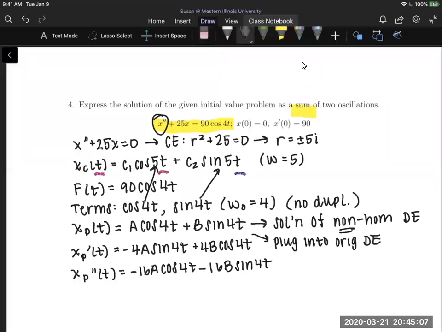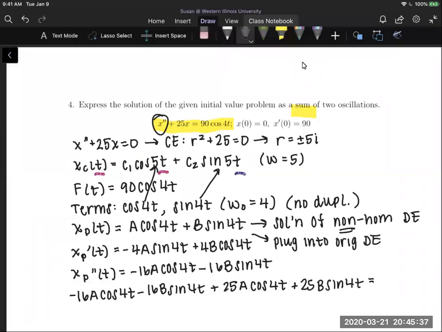There we go. Plugging it back into the original DE, we have the second derivative, which I'll recopy here, plus 25 times the original particular function, and all of that needs to equal 90 cosine 4t.